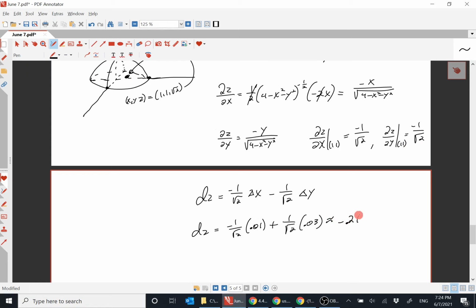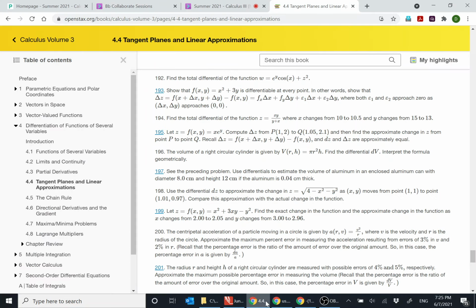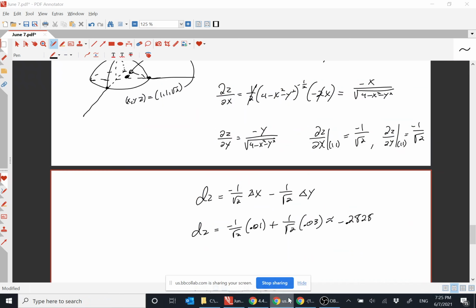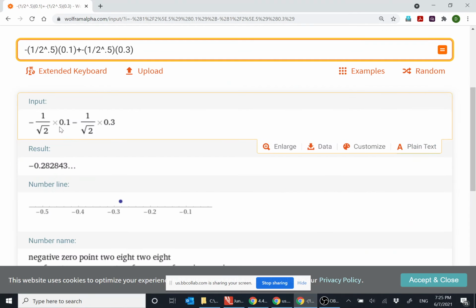Isn't it 0.0 and 0.02? Isn't that what I put? Oh, it says so. You can leave that out. Oh, yeah. 0.0.